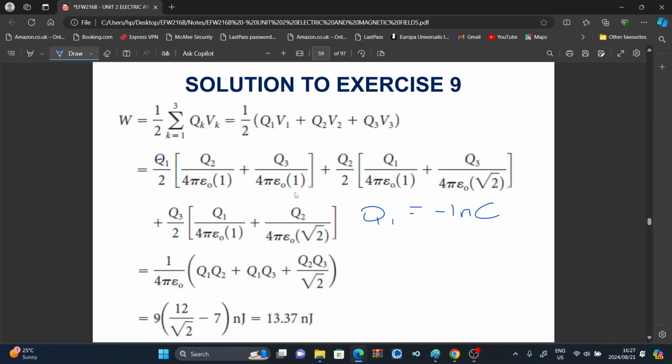Then Q2 is, oh no, it's not minus, 4 nanocoulomb.